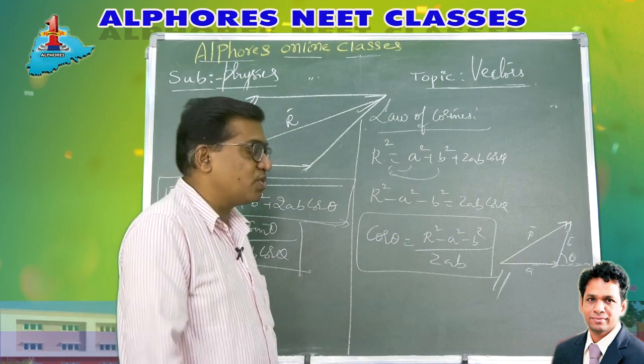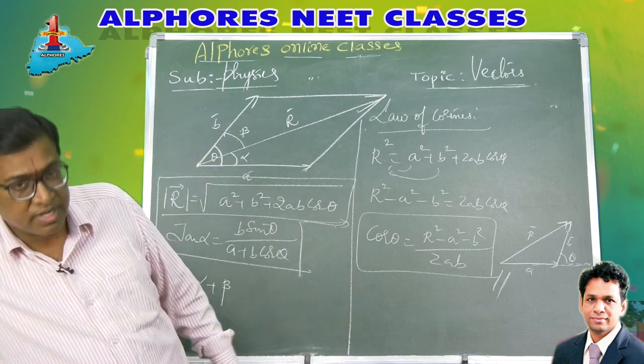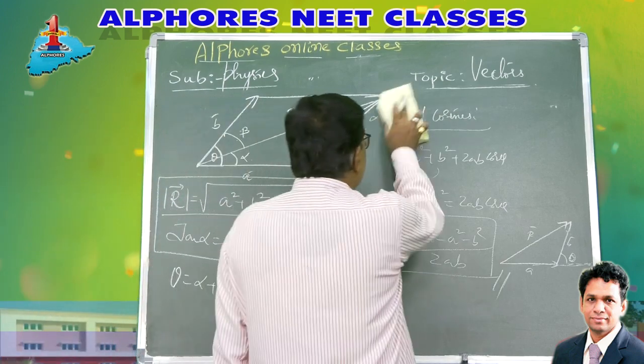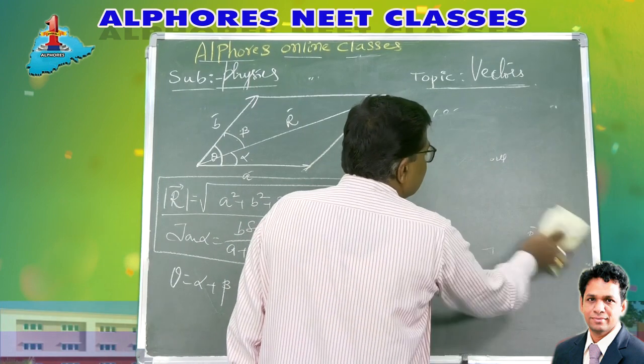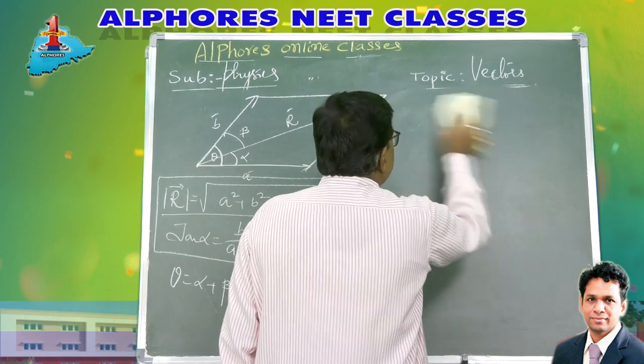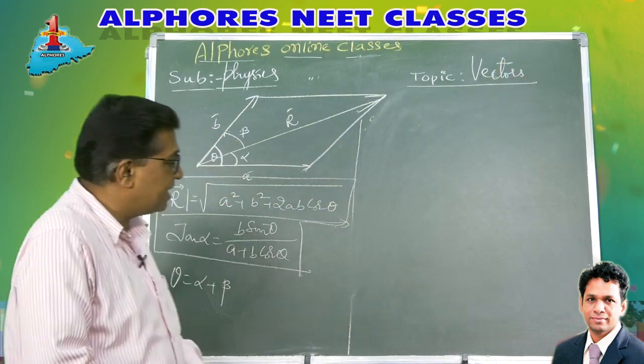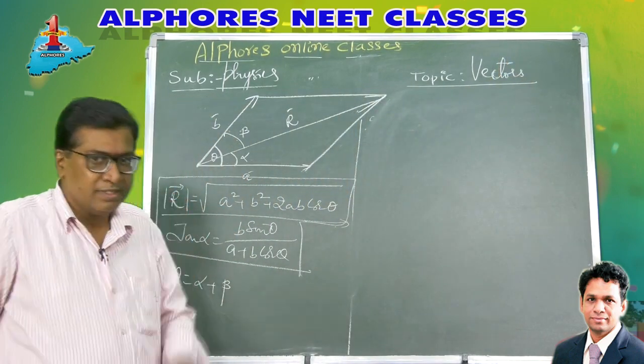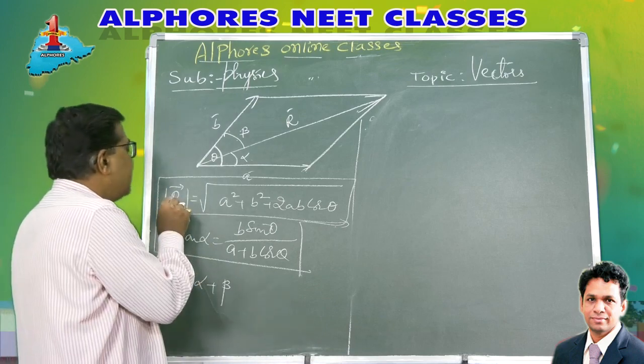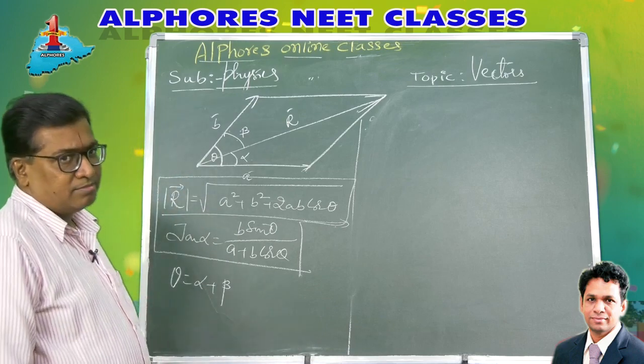It's also termed as the cosine rule. Even this way you can find the resultant of two vectors, the analytical way. So this is the magnitude of the resultant, R bar.